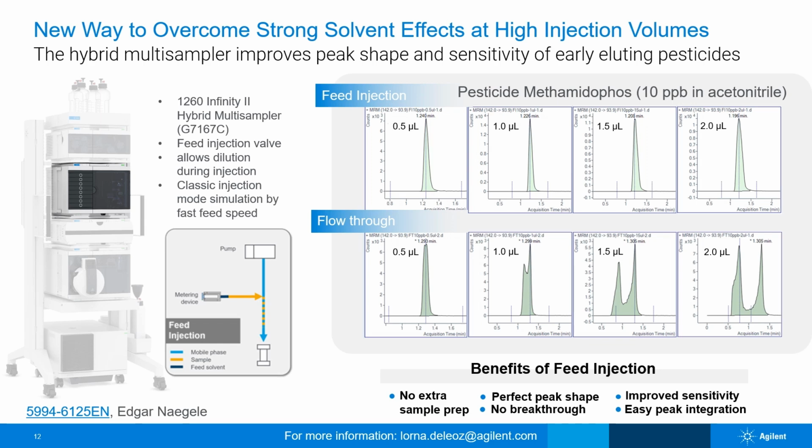It mixes the sample and mobile phase directly at injection to improve peak shapes and sensitivity. On the right, we see excellent peak shapes with the feed injection mode on the top, even as we increase the injection volume from 0.5 to 2 microliters from left to right.